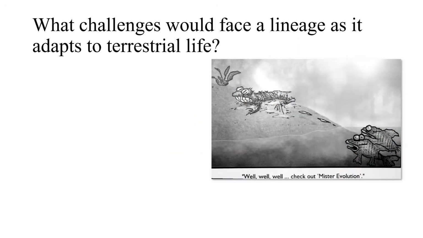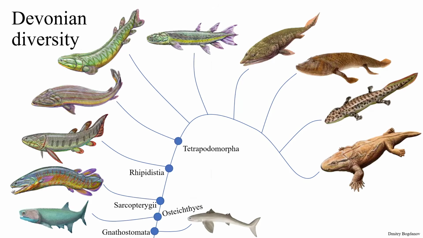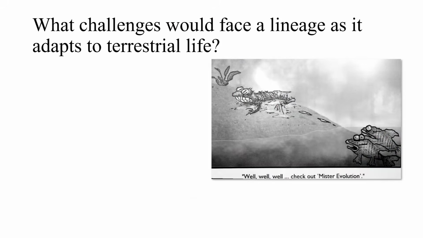So if we're going to talk about a fish, maybe like these ones here, transitioning from living a life, all biology from birth till death, contained to water systems, maybe it's freshwater, maybe it's saltwater, but you're living in the water, and you're going to live on land now. I'm going to ask you guys to talk to your neighbors here for a few minutes. What are the changes we can expect to see?